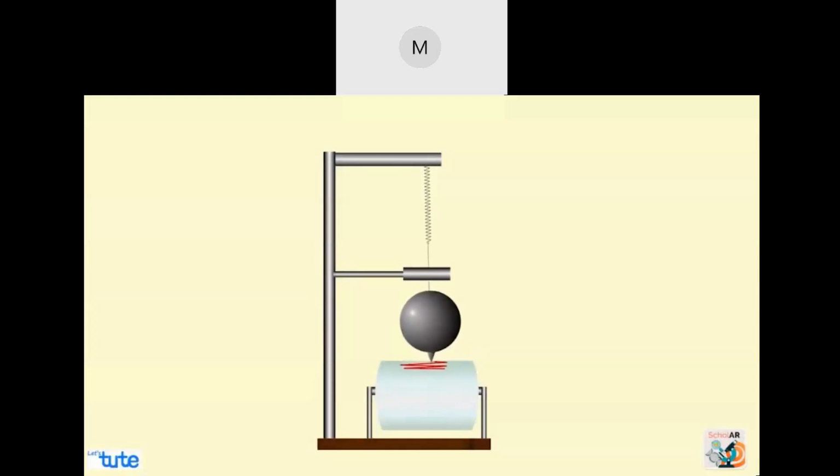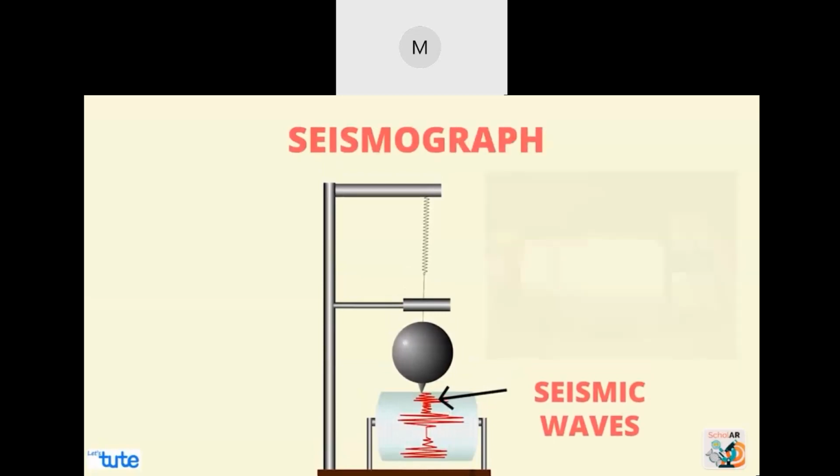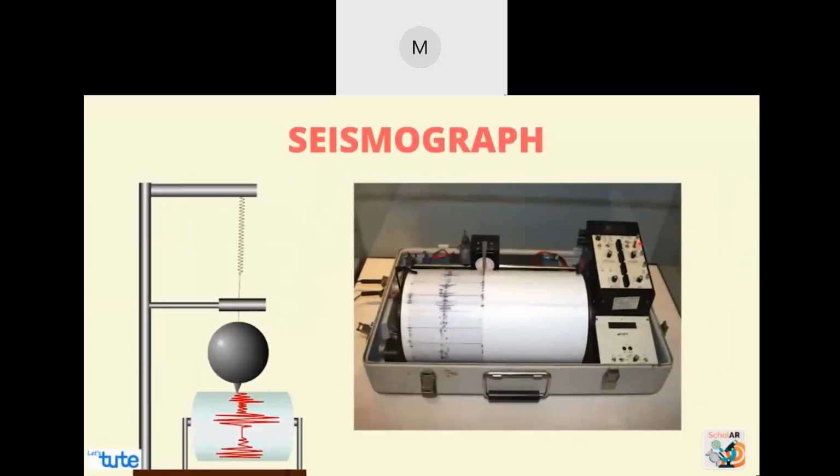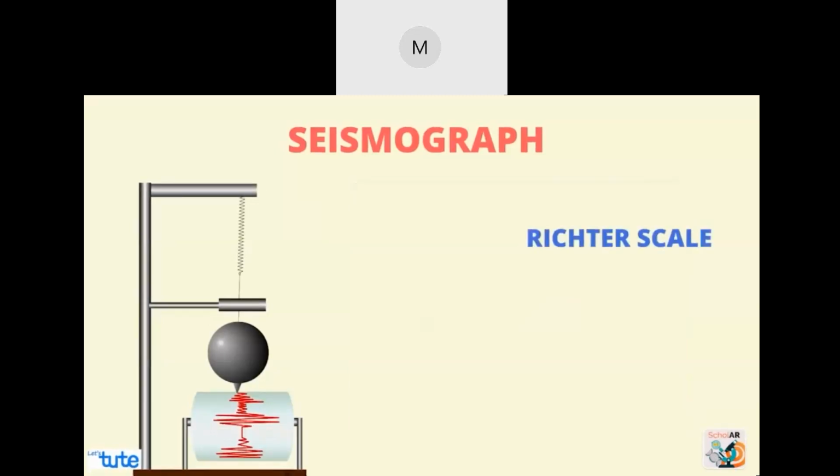Geologists use a device that can sense the waves created by the movement of the tectonic plates. These waves are known as seismic waves, and the device is called a seismograph. The earthquake events are scaled according to the magnitude of the shock and are known as the Richter scale.